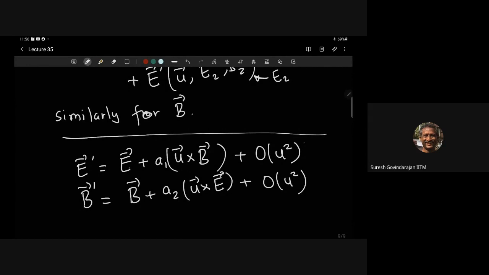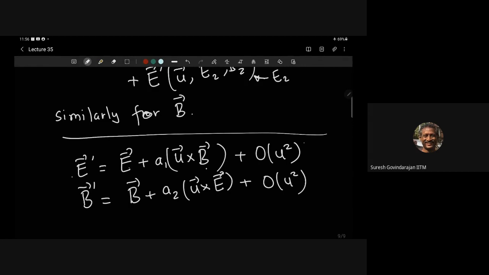Now I need to create vectors. Given two vectors U and B, I can create U cross B. I could create U cross E. But now I want to explain why I wrote that E prime gets U cross B. Why is that? B is axial. U is a polar vector, it's a velocity. So what is U cross B?